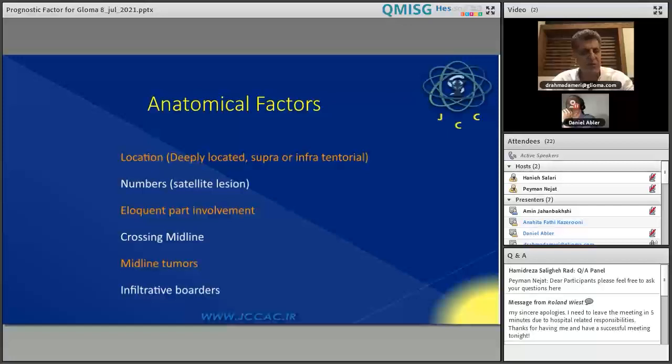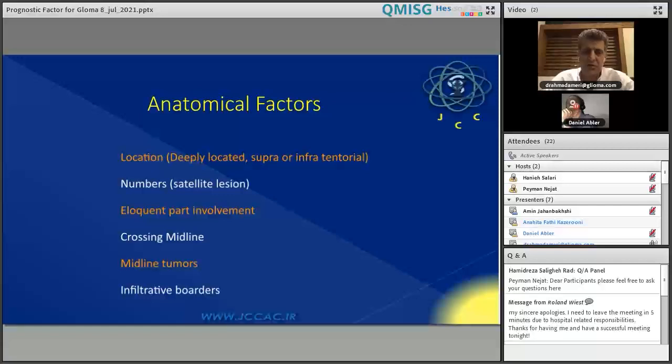And if I want to use this kind of information, I have to invite some other radiologists or MRI physicists to help us define more information from these images.